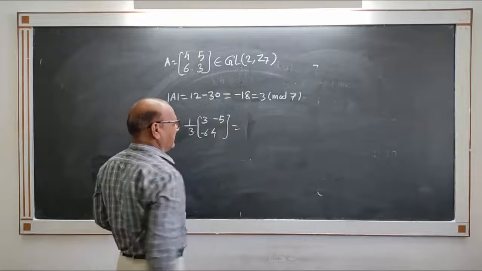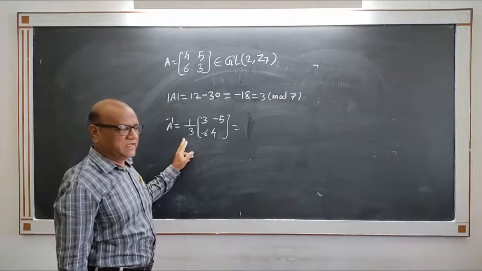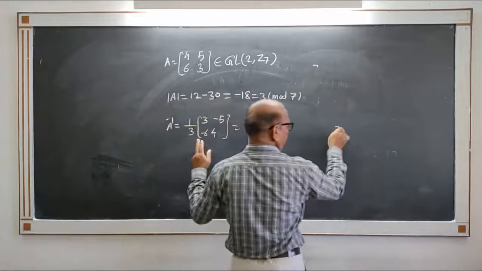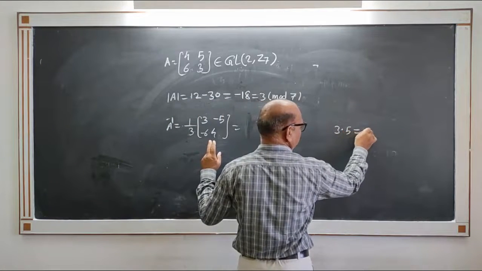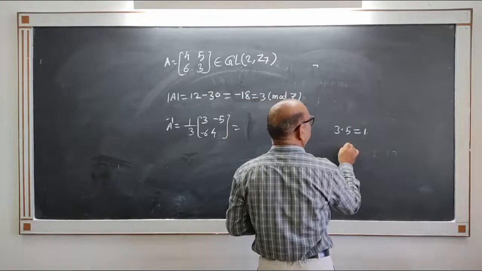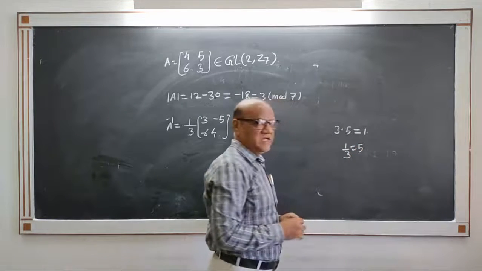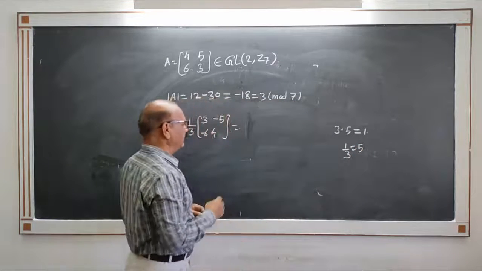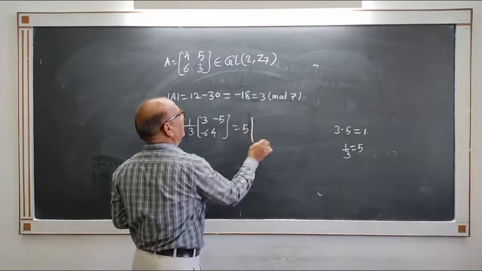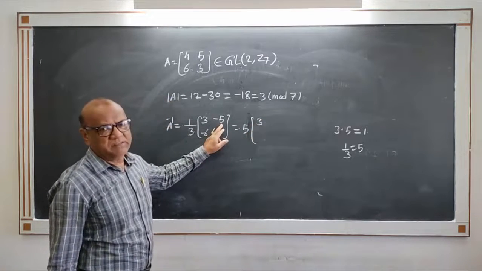Here 1 upon 3 means the multiplicative inverse of 3. 3 into 5 is equal to 1. Therefore 3 inverse, 1 by 3, is equal to 5. So here 5, 3, and minus 5.